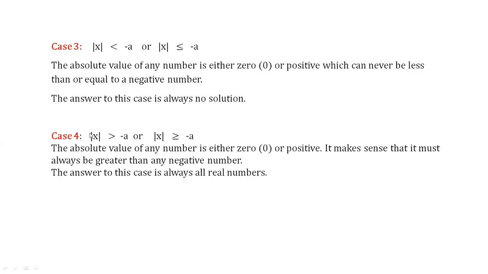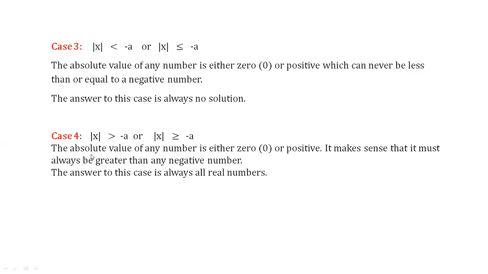If the absolute value of x is greater than minus a, or greater than or equal to minus a, it means the absolute value of x is greater than or equal to a negative number. What are the possibilities?